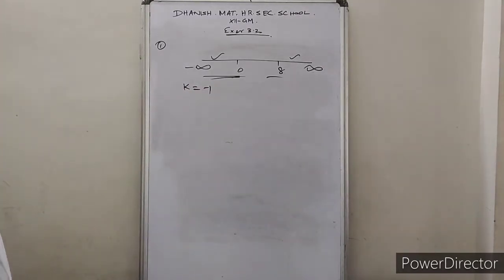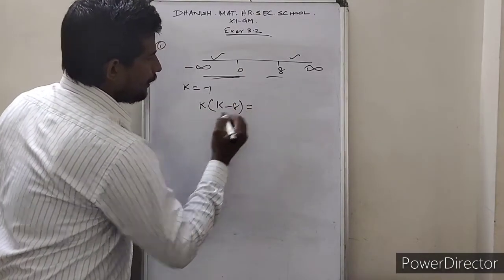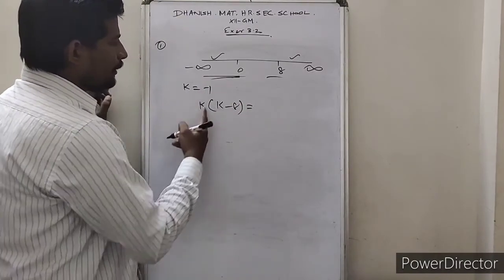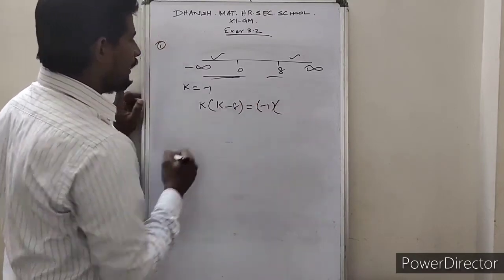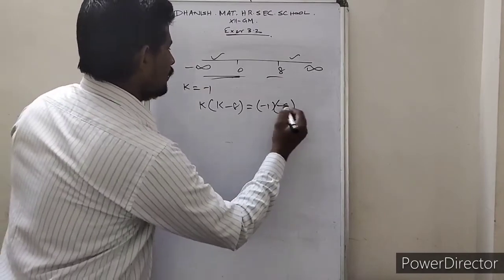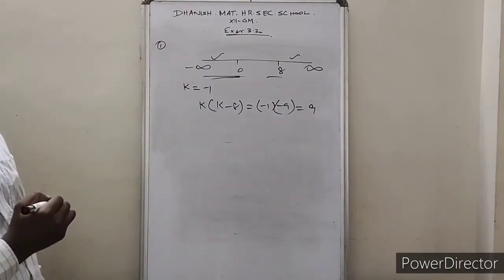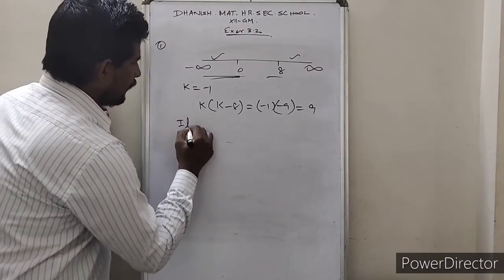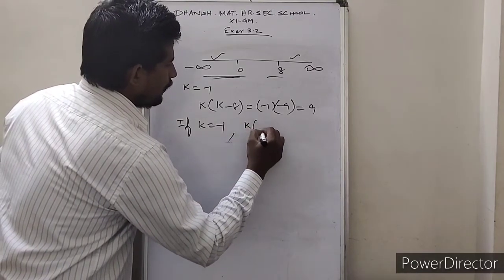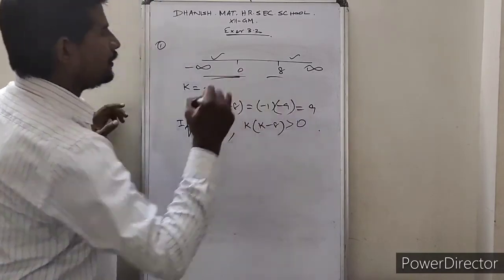What will happen? k into k minus 8 equal to, now I'm going to substitute k as minus 1 in this. So minus 1 into minus 9. This is equal to plus 9, which is greater than 0. So if k equal to minus 1, k into k minus 8 is greater than 0.